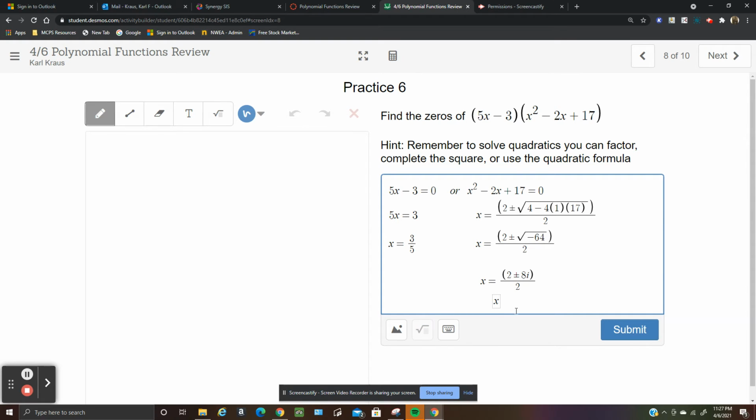If you gave me that answer, I'd probably accept that. But everything's divisible by 2, so 1 plus or minus 4i. So the answers are 3/5, 1 plus 4i, and 1 minus 4i.